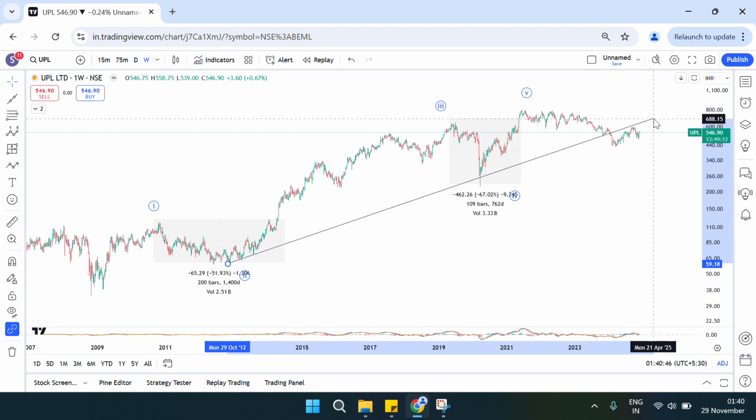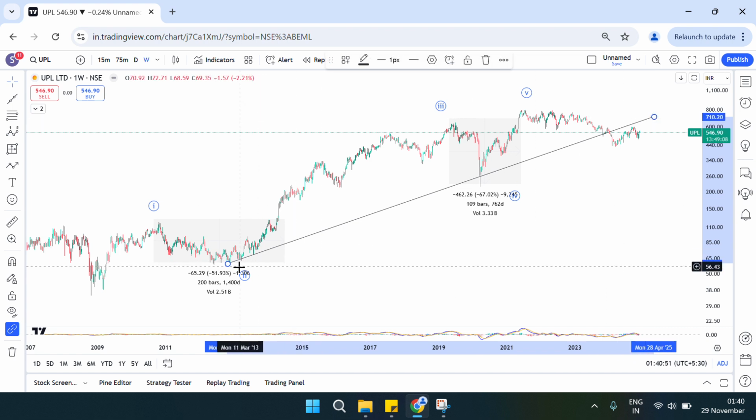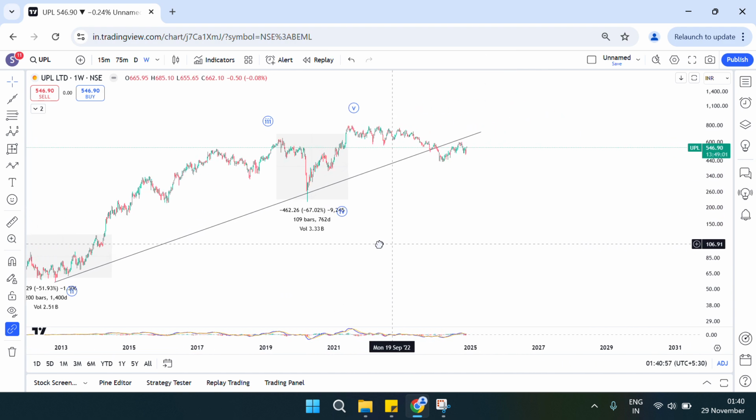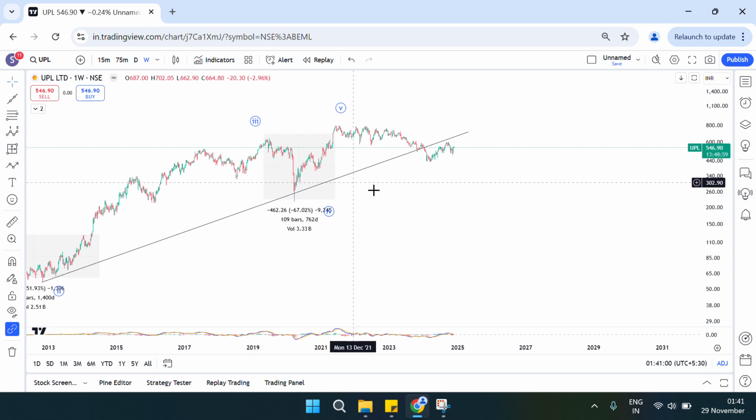So I'll probably draw it a little further. This is how the trend line should be. So this is broken, so this wave 5 is complete, and we are expecting a fall which is slightly bigger than the 67% fall that we have seen in the last decade.